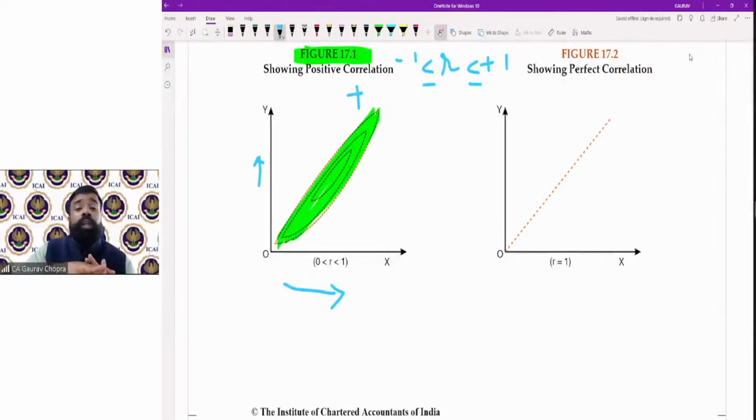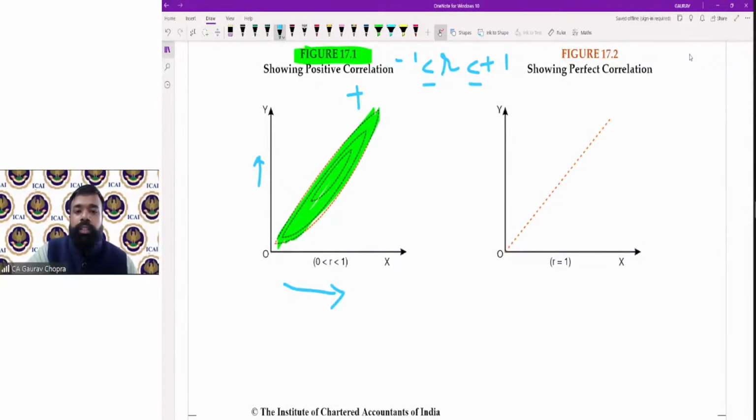But if your result is more than 1, like 1.5, 2.1, then in that case, your answer will be galat. It will be incorrect, right? Your answer will be incorrect because there are fixed values. Correlation always lies from -1 to +1. It cannot exceed the limit. So if your answer is lying beyond this limit, that means there is some calculation mistake.